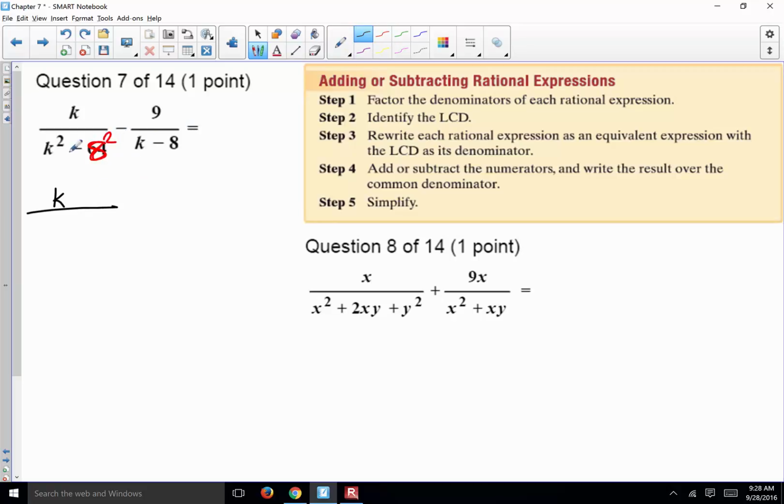And I can break this, k squared and 8 squared, a squared minus b squared rule. Look, I'm not writing those anymore. I'm just applying it because we've been doing this for 2 weeks. You should do this: k minus 8, k plus 8. And there is nothing, absolutely nothing to factor on the second one, right?